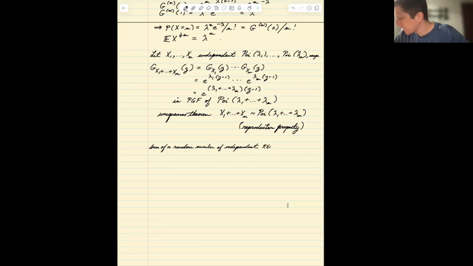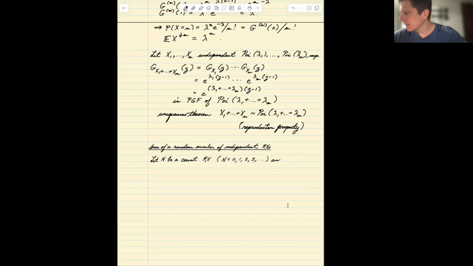is that we actually have two random variables, well, two families of random variables. We have a count random variable N, which means N takes values in the non-negative integers.